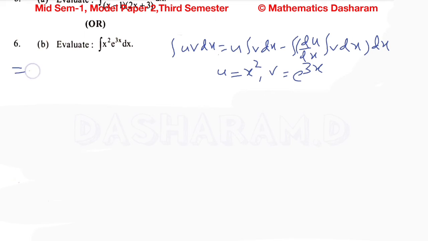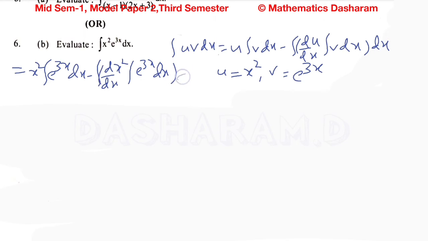So therefore, x square into integration of e power 3x dx, minus integration of d by dx of x square into integration of v dx, e power 3x dx, whole dx.